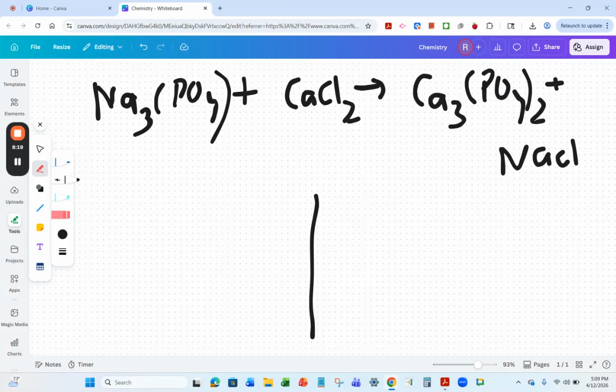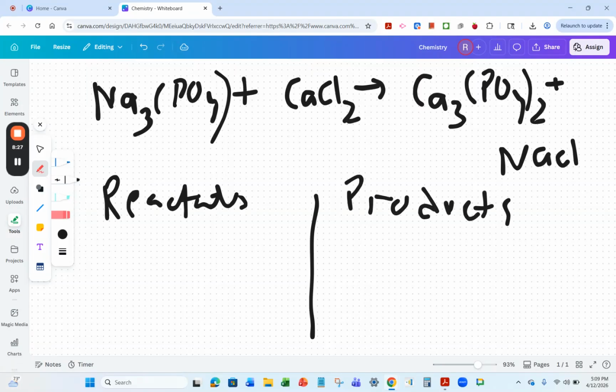Okay, same thing. Make 2 columns, left and right. Left side for the reactants, right side for the products. So what's different here? So how to check if you have a polyatomic ion? You have to pay attention that if a group of non-metals stays together on the product side, it means that's your polyatomic ion.